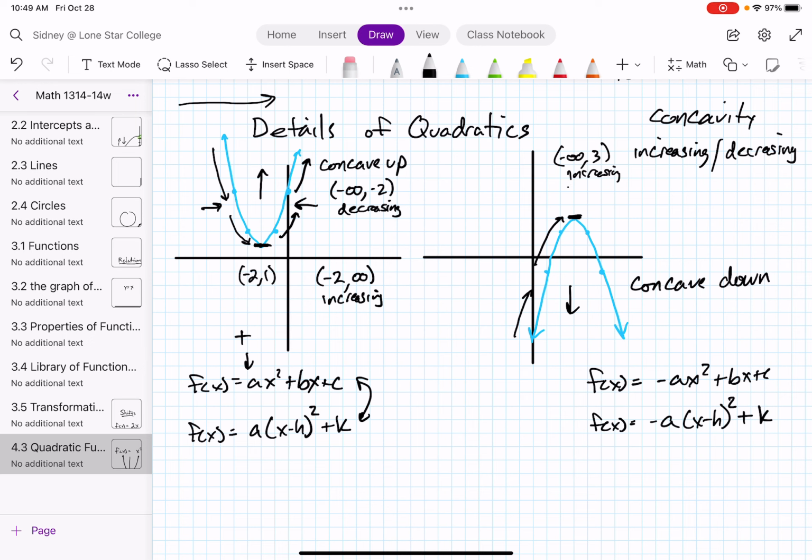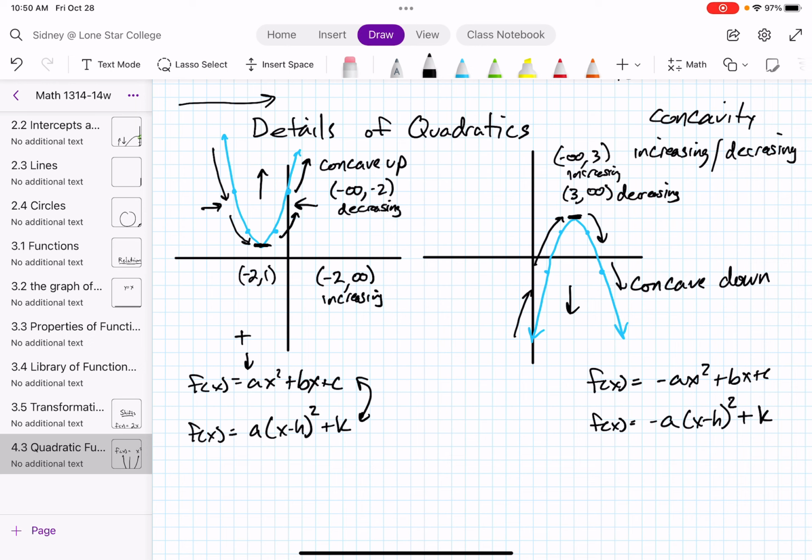And then after that, from 3 to +infinity, it is going back down. It is decreasing. So if you're asked where the graph is increasing or decreasing, we observe that moving from left to right. It's typically written in interval notation, and it will always change at the vertex.